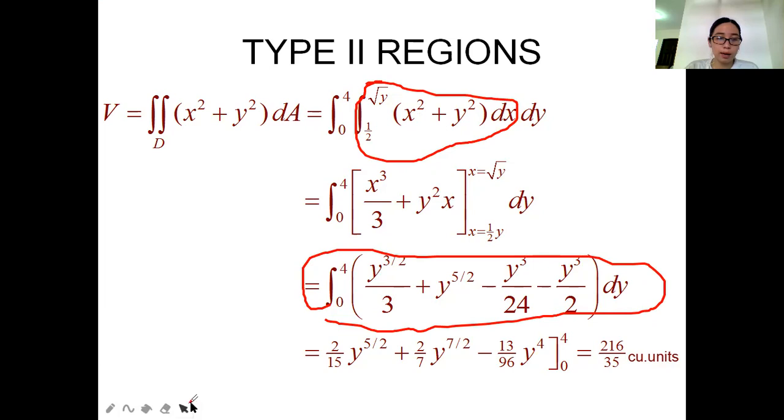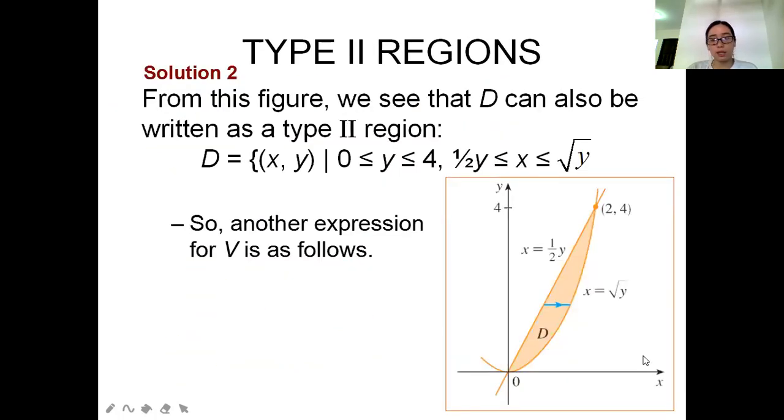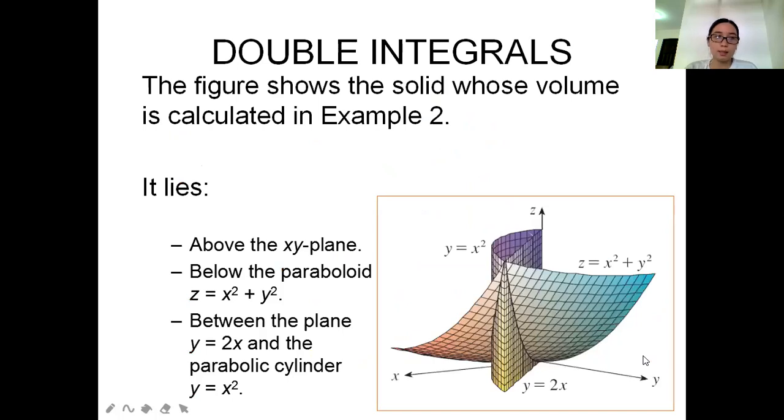Then we arrive at the same answer, whether you use a type 1 or type 2 region. We have 216 over 35 cubic units.